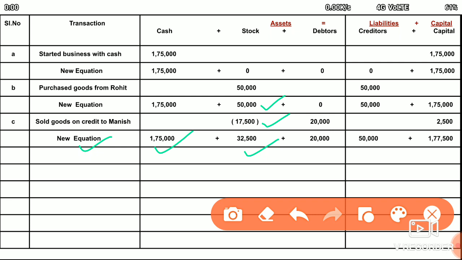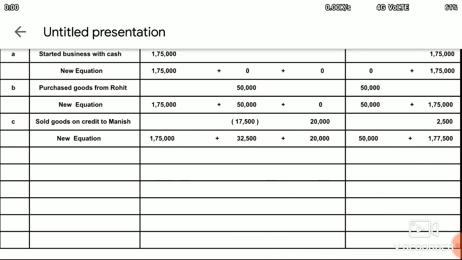The debtors will be increased by 20,000 and the creditors remain same as 50,000 and the capital will increase from 1,75,000, it will increase by 2,500. So the total balance will come to 1,77,500. Now if we add all the assets and if we add the liabilities and the capital, we find that both the sides will be same. So we can go to the next transaction.